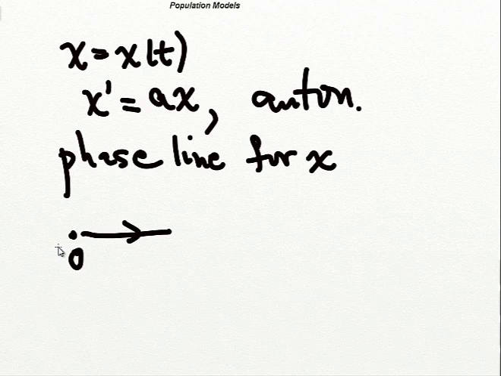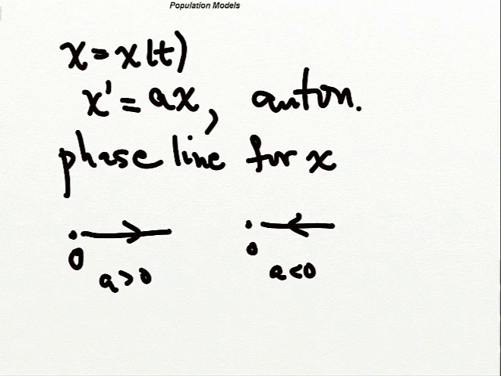Either the population stays steady at 0 or it increases to infinity. That corresponds to a positive, and the other way is like this, and that of course would correspond to a negative. Okay, in this video, in this exercise, we'll assume that a is positive, that we have a growing population.